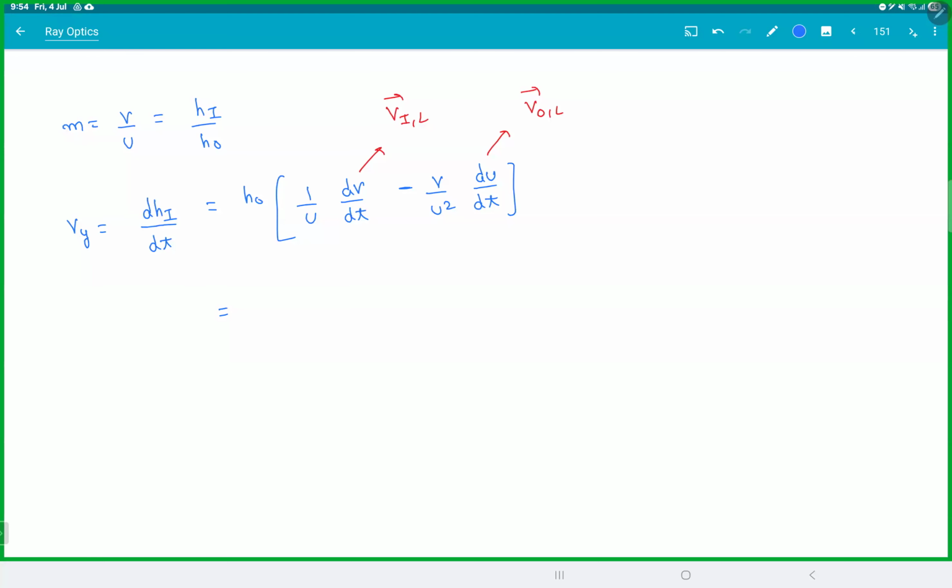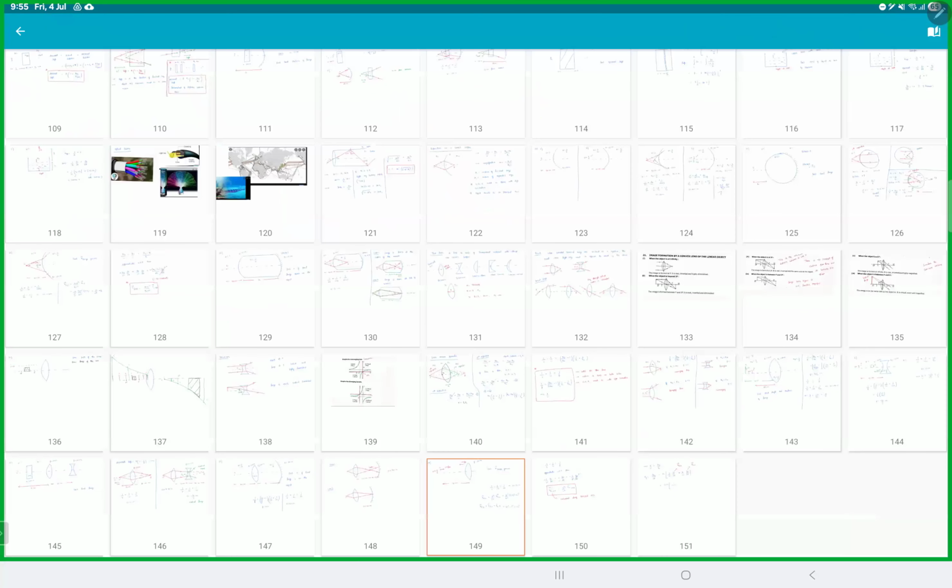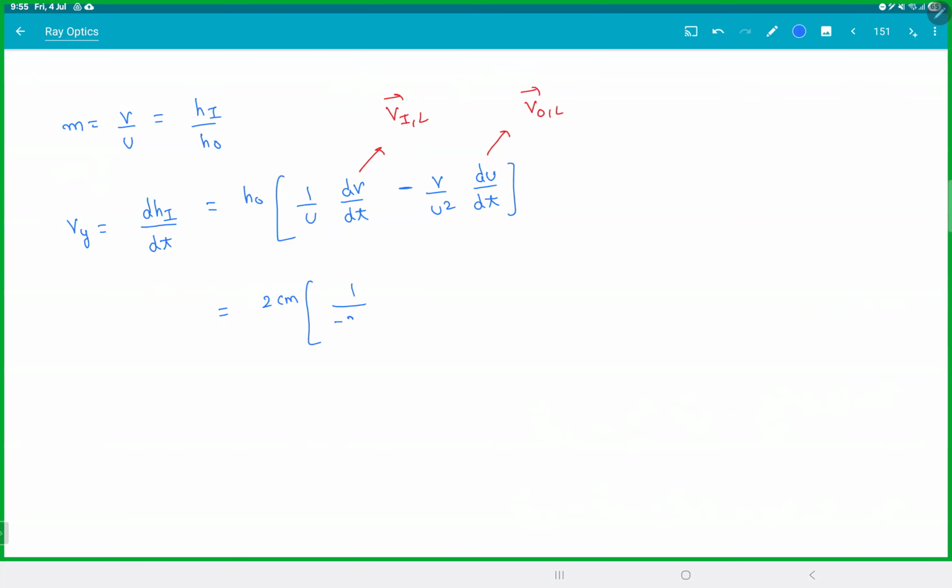Substitute the value. Height of the object is 2 centimeters. u is minus 30. dv by dt is plus 12. This is 60, 30 square. This is plus 3.